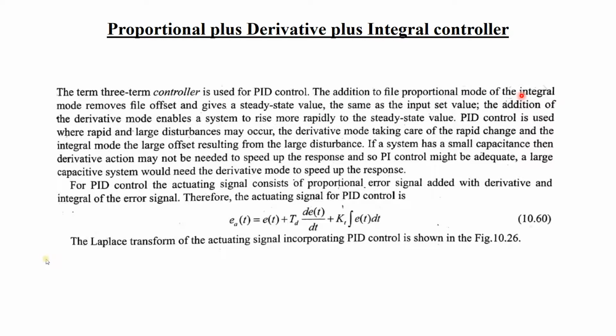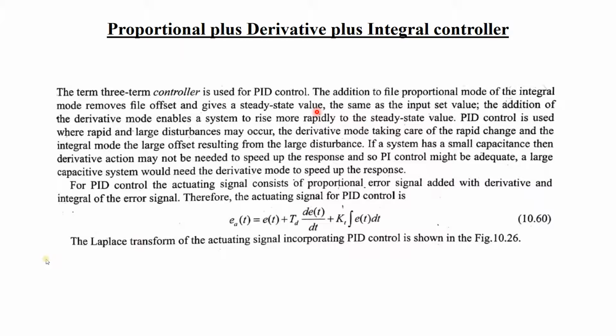Now, with the help of the integral controller, the addition of the integral mode to the proportional mode removes the offset and gives a steady state value. Derivative controller alone cannot reduce the error; what it can do is minimize the oscillation, or you can say overshoot.